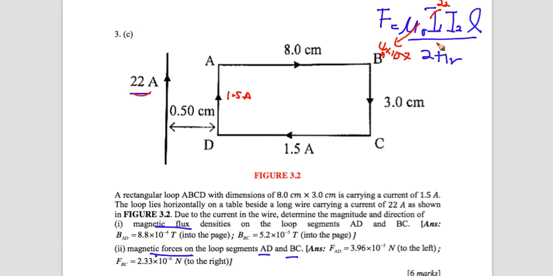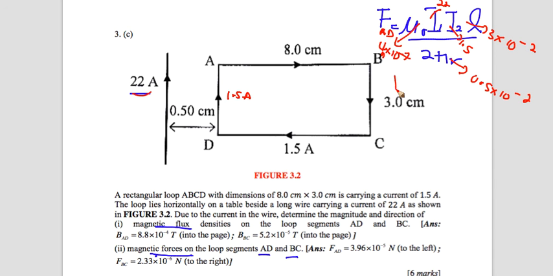So the force on segment AD: mu naught is the constant 4 pi times 10 to the minus 7, and I1 is the current in the first wire, 22 ampere. I2 is the current in the wire segment AD, 1.5 ampere. The length AD is 3 centimeter, which converts to meters as 3 times 10 to the minus 2. In 2 pi r, r is the distance between the two wires, 0.5 centimeter, converted to meters.